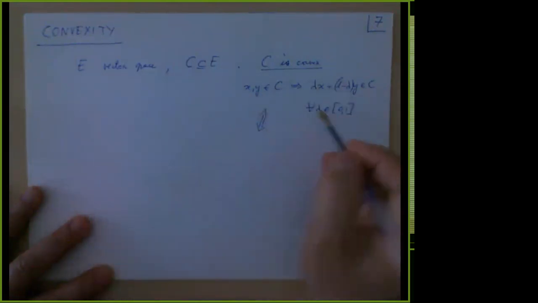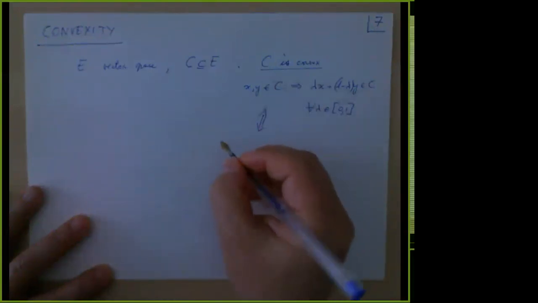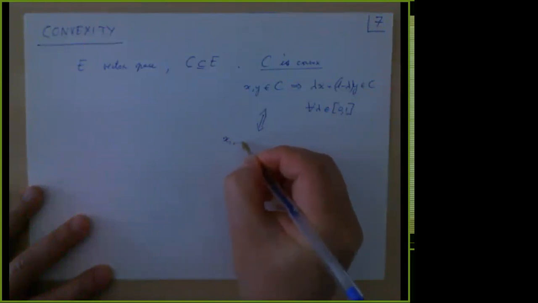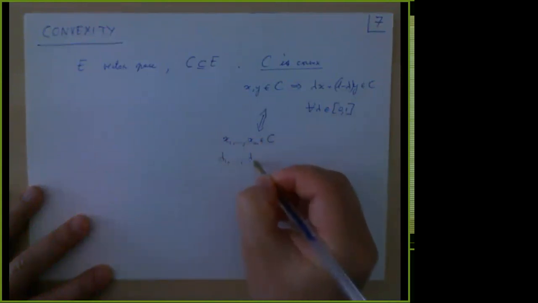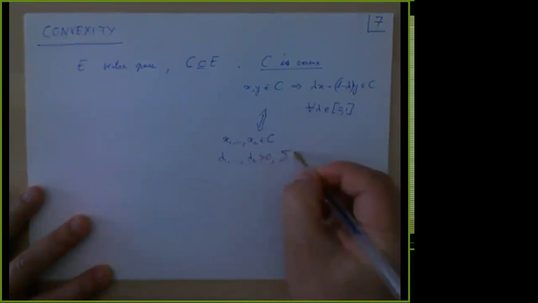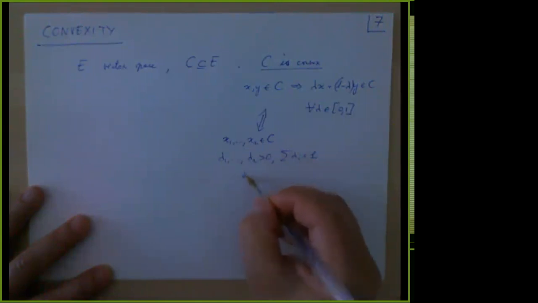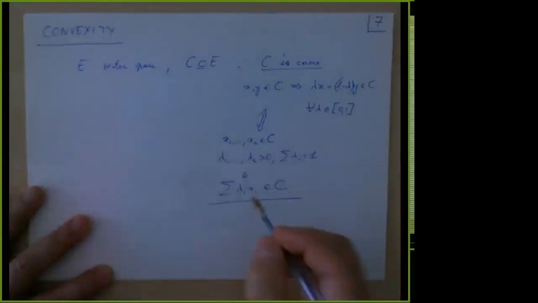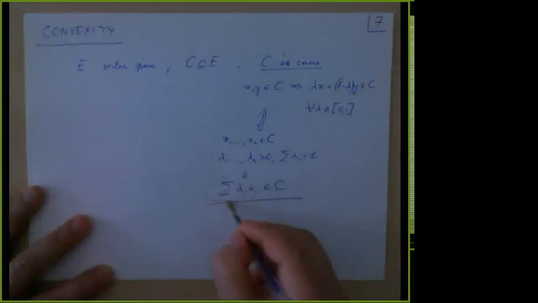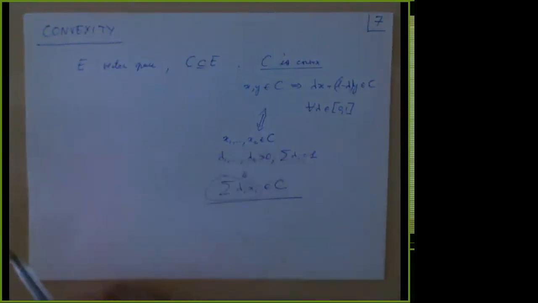So this definition of convexity can be slightly extended to the following formulation: x1 up to xn in C and lambda 1 to lambda n positive numbers summing up to 1 implies that the sum of lambda i x_i belongs to C. This sum is often called the convex hull of the points x1, ..., xn.